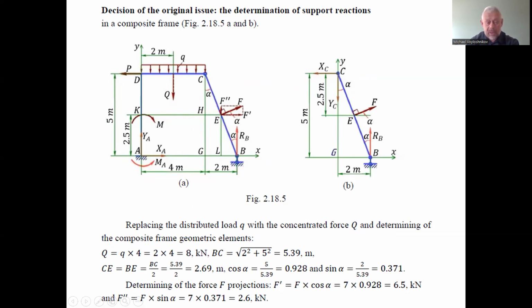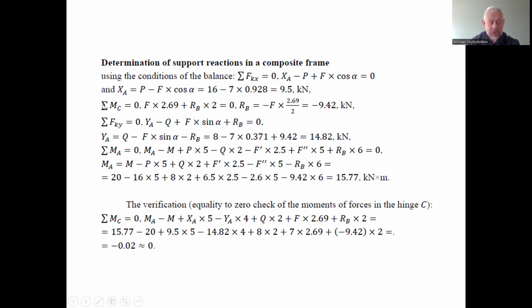The rotation moment has to be equal to 0 for the balance of the CB rod.